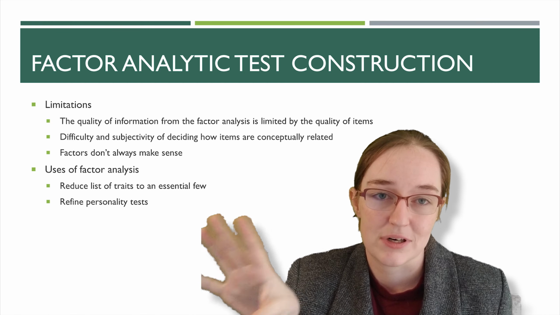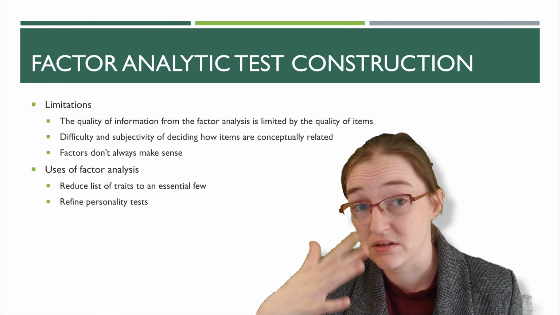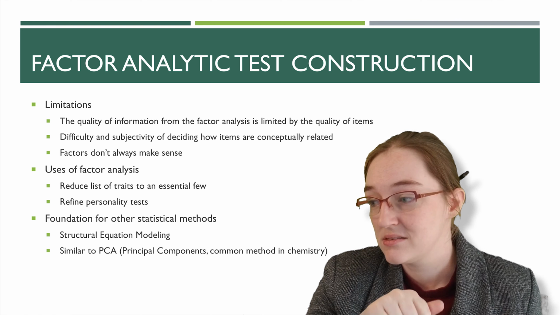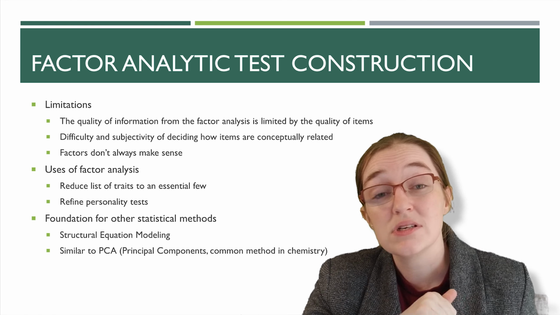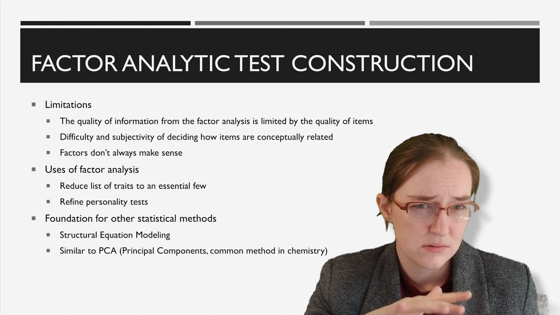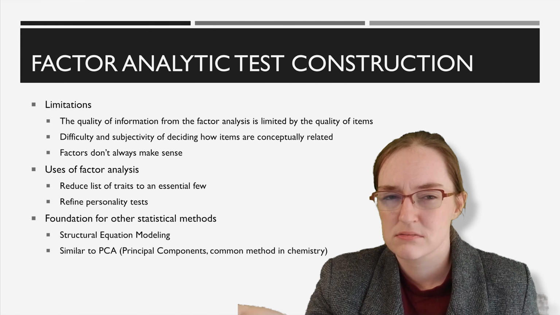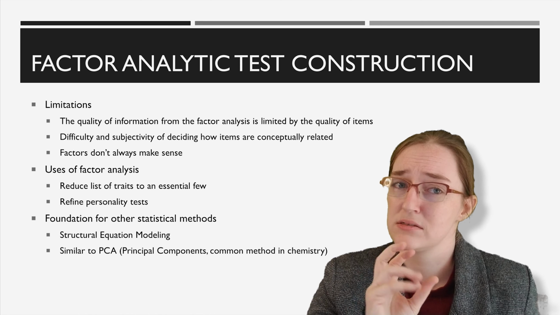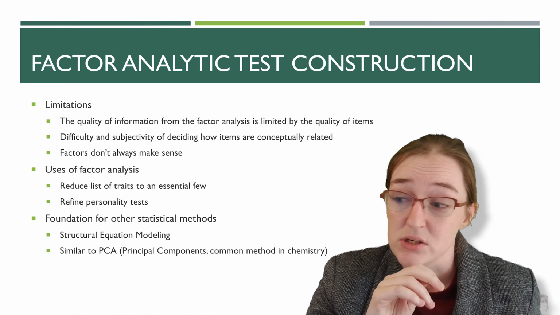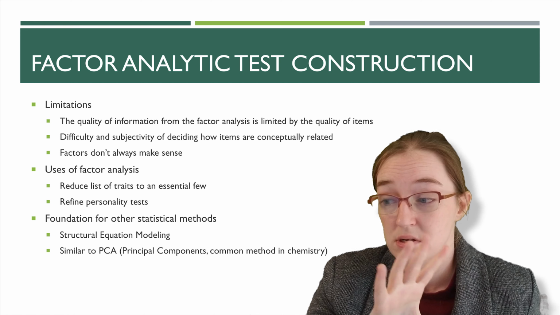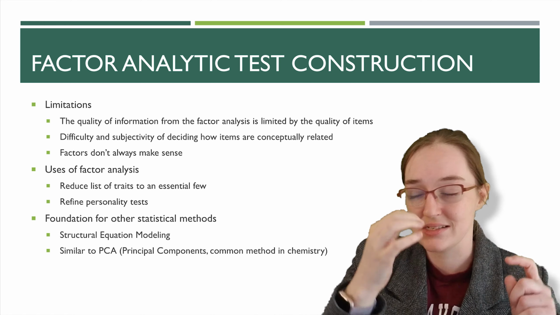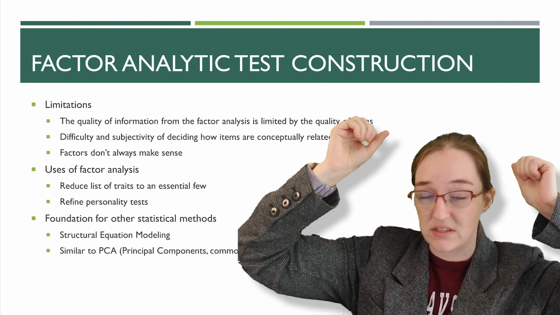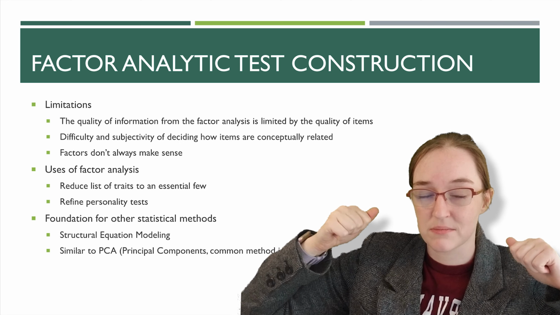I'm sorry, I can't help it, but we're going to talk about this little technique a bit, and it'll come up again. So this is a foundation for a lot of other statistical methods, like structural equation modeling. It's really similar, for the chemistry folks in the class, on the internet, on the Zoom, to PCA, principal components analysis, which is a common method in chemistry to see how we can reduce our stuff into the fewest number of components.